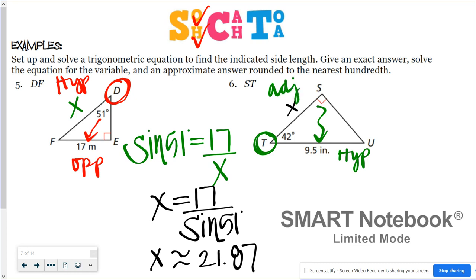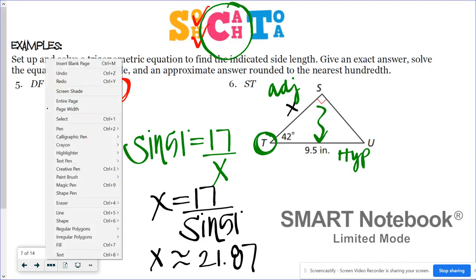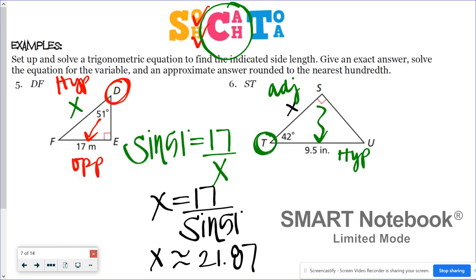How can we find it? Well, the problem involves adjacent and hypotenuse, and that is cosine. So I'm going to write a cosine equation. Okay, so I'm going to have cosine of the angle, so of 42 degrees, is equal to the adjacent over the hypotenuse, so x over 9.5.